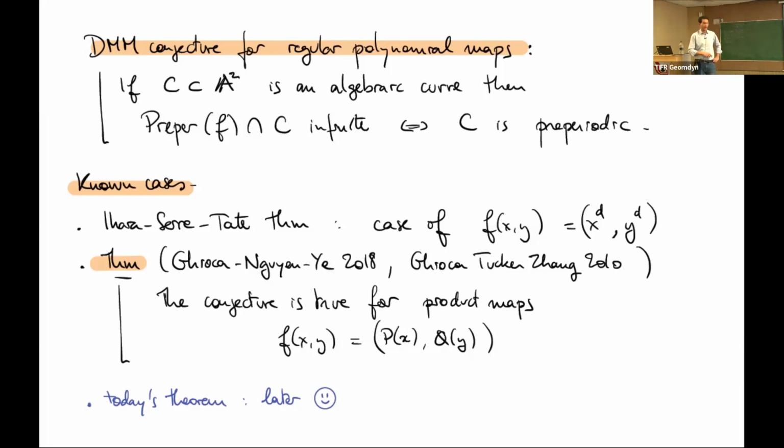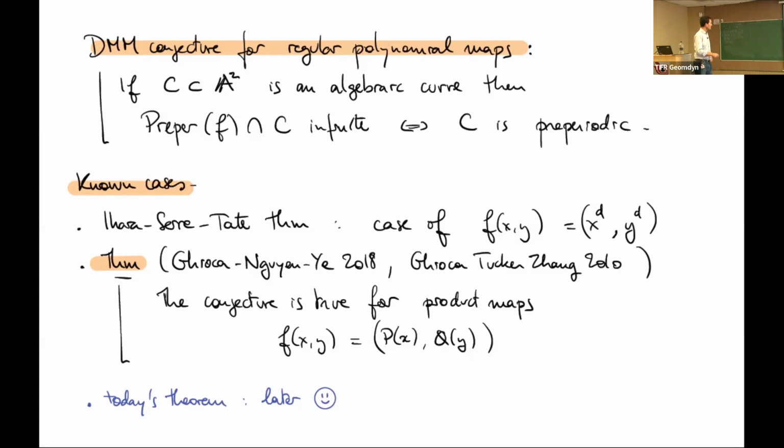That's the Ihara-Serre-Tate theorem. There is also a more recent theorem, which started with Ghioca, Tucker, Zhang, and whose final version was given by Ghioca, Nguyen and Ye. It concerns product maps, maps of the form (P(X), Q(Y)), acting in independent coordinates.